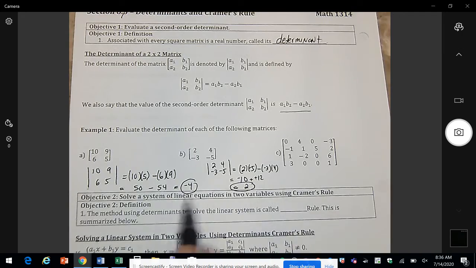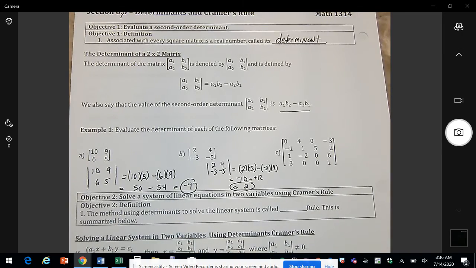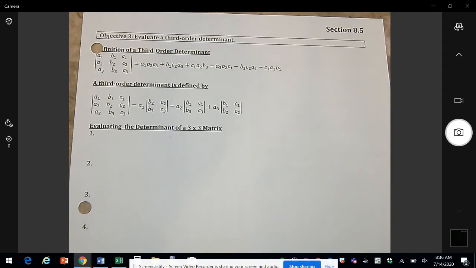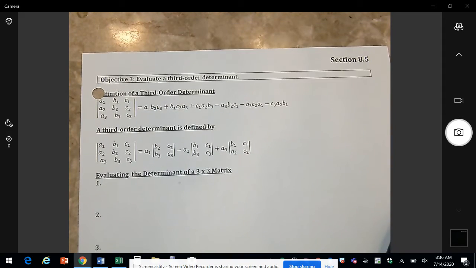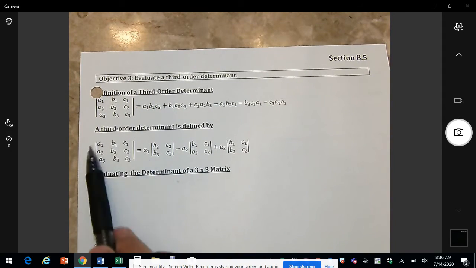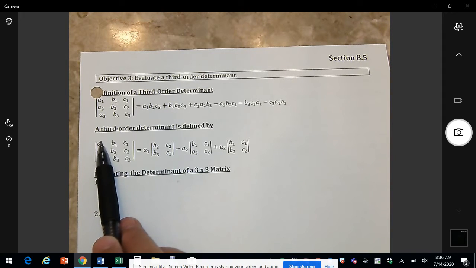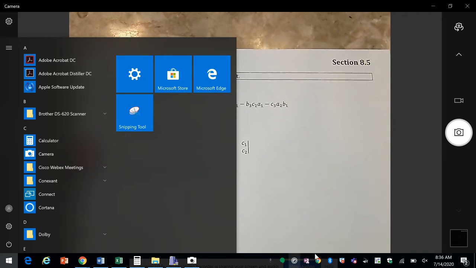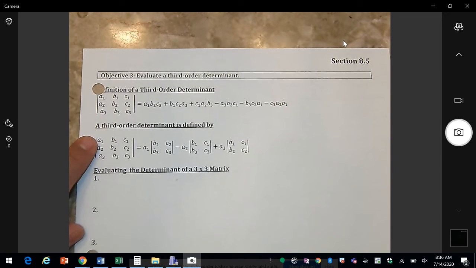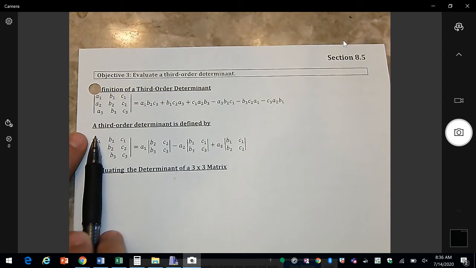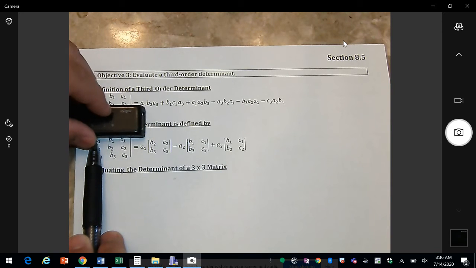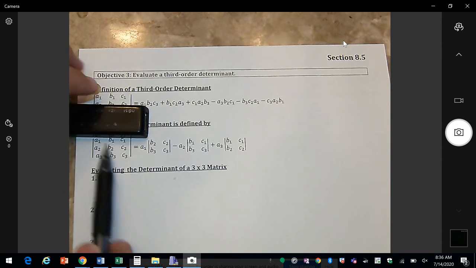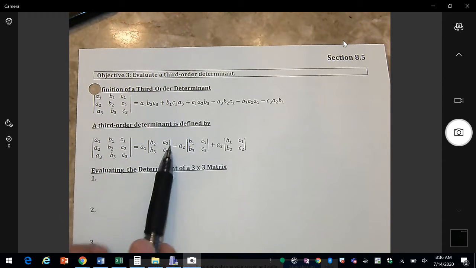For anything that is bigger than 2 by 2, there is a whole different process. It would look something like this, where we start with the first number, A1. If I cover this row and this column, then I'm left with B2, B3, C2, and C3, and that's what would be in here.